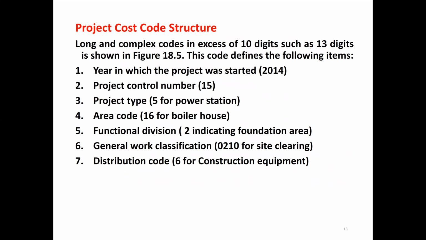Long and complex codes in excess of 10 digits, such as a 13-digit code, are shown in figure 18.5. This code defines the following items. First is the year in which the project was started, so it's like 2003.